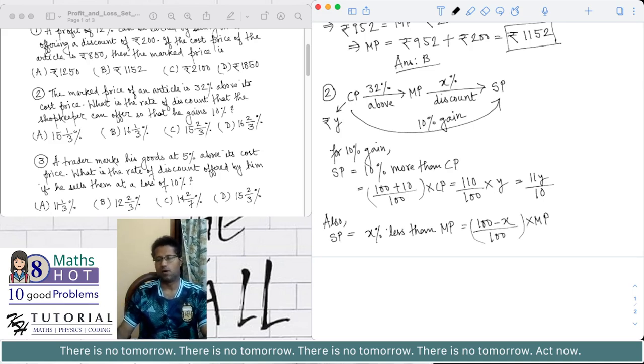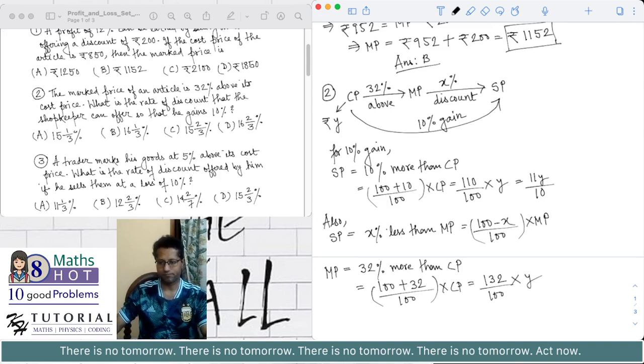Now we need to know what the mark price is. Mark price we know is 32% more than CP. This is equal to 100 plus 32 divided by 100 multiplied by CP. This is equal to 132 by 100 multiplied by Y.